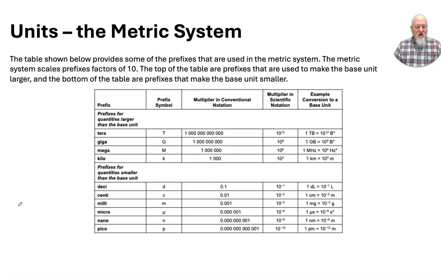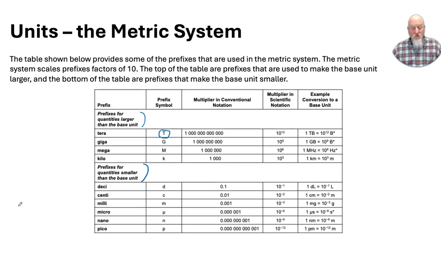You can see in the middle here, we've got prefixes for quantities smaller than the base unit below this, and prefixes for quantities larger than the base unit above. And the symbol for the prefix is shown right here.